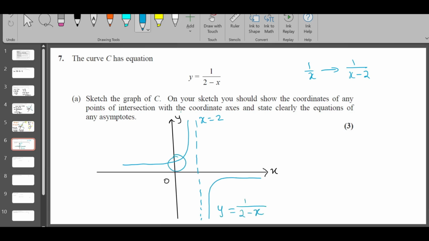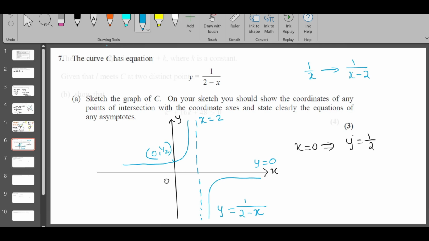To find the y-intercept, replace x by 0. So you will get y is equal to 1 over 2 minus 0. Mention the point in coordinate form, 0, 1 over 2. So you need to mention the point, and mention the equation of the asymptote. If you want, you can mention the equation of the x-axis, because that's one horizontal asymptote also.